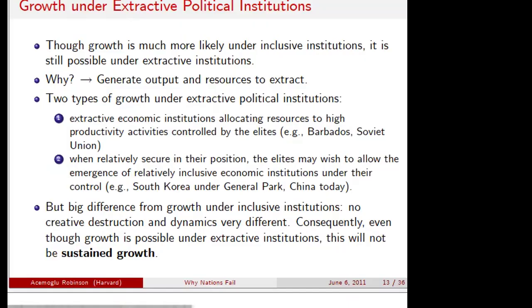The central intellectual contribution of this book, I would call, is this main question: why do powerful people resist good institutions? And this is the slide that, in my view, contains the most important idea of this book. And once you understand it, you will start seeing it everywhere around you. So the main thesis is simple, that growth is much more likely under inclusive institutions than under extractive institutions.